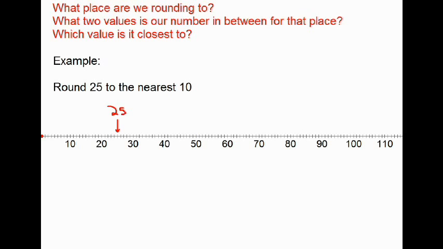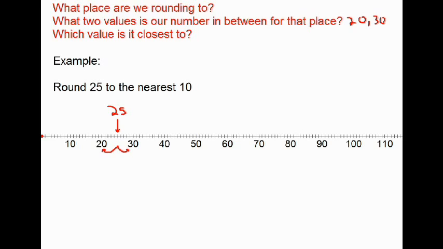The two values that our number, in this case 25, is in between for the tens are 20 and 30. The next question we have to answer is, which value is it closer to? If we look at where 25 is in relation to 30 and to 20, we can see it's right in the middle. So it's not actually closer to either one.